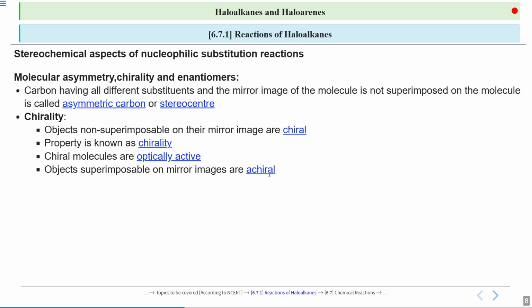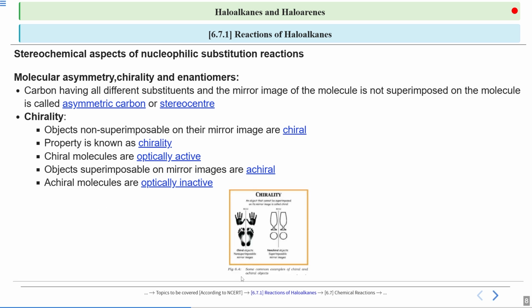We just put an 'a' before chiral to show that this is the opposite of chiral. So objects that are non-superimposable on their mirror image are chiral, and those that are superimposable on their mirror image are achiral. Achiral molecules are optically inactive. They don't have the ability to rotate the plane of plane polarized light in any direction, so they are optically inactive.